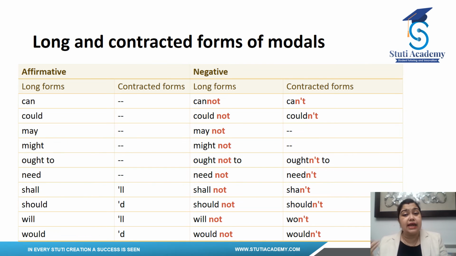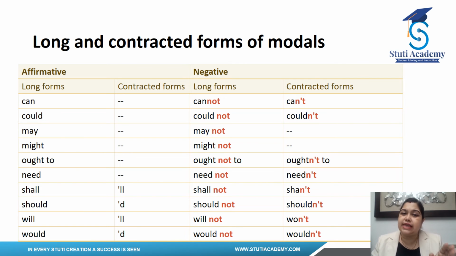Then will in the negative form is will not, and the contracted form is won't. I won't eat vegetables. I won't go out to the party. I will not read the book.